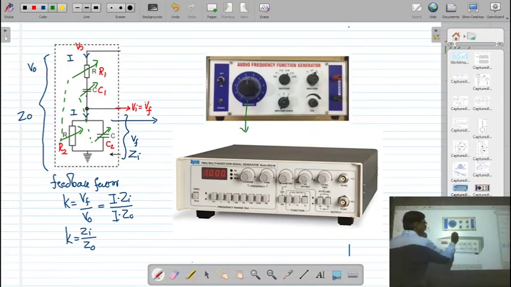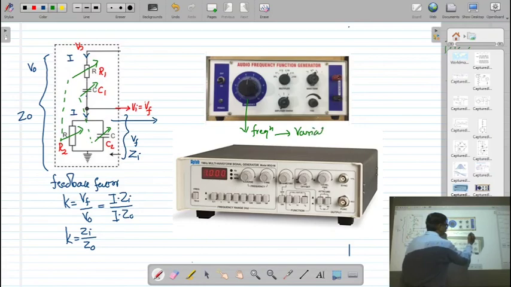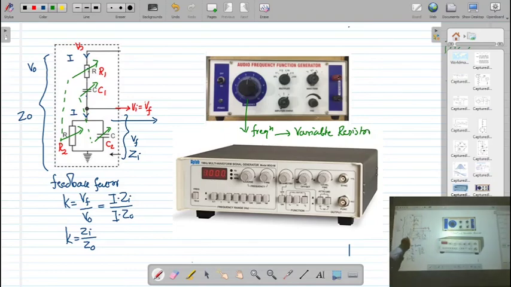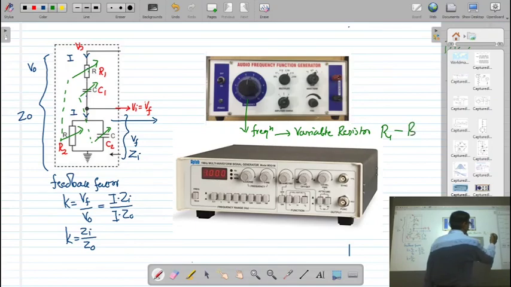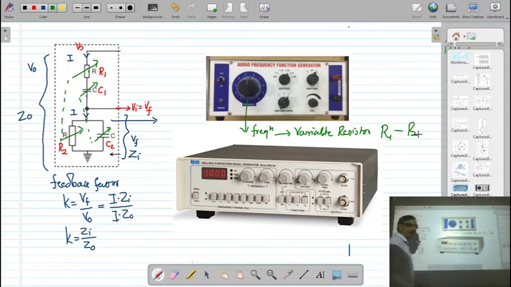This is for frequency changing, and it is nothing but a variable resistance. And variable resistance means it is R1 and R2. Right? So by changing this, you can change the frequency continuously.